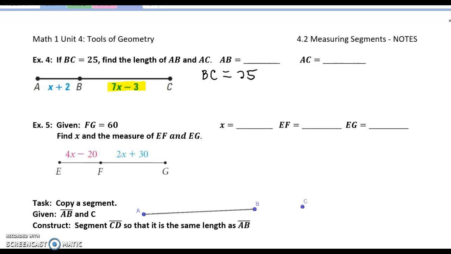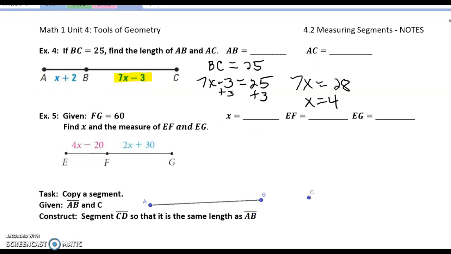But we also see that BC has an expression 7x minus 3 associated with it. So we're going to plug that in for BC. And this is going to give us an equation where we can solve for x. All right, so we got x is equal to 4.